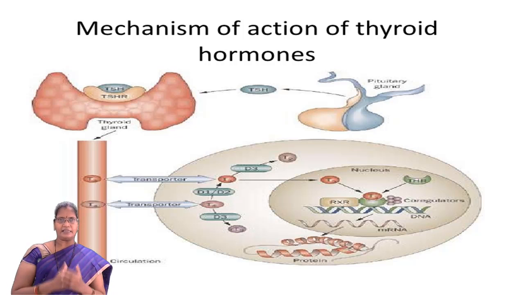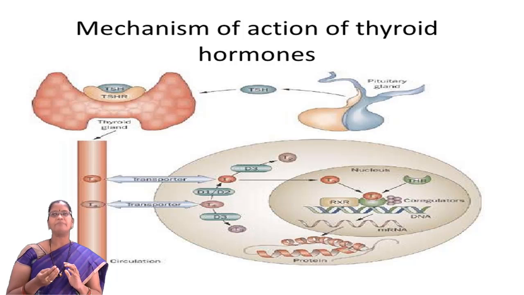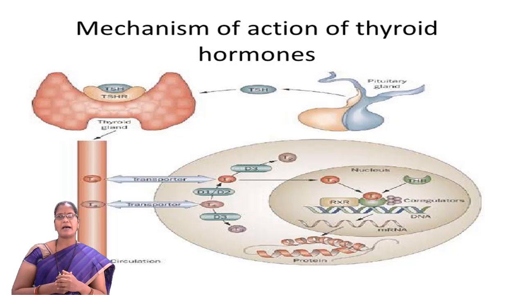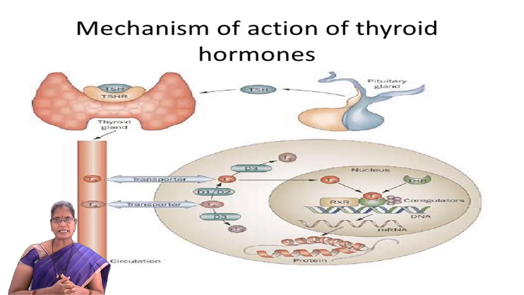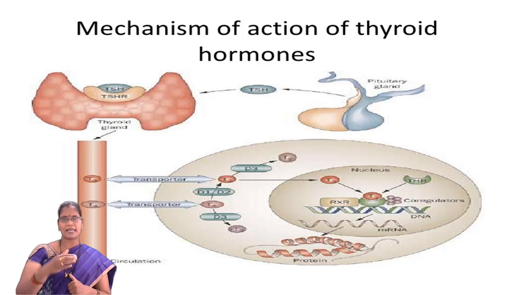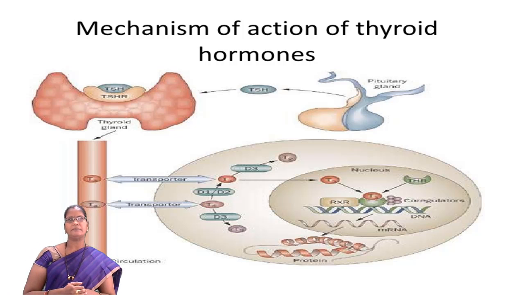Thus secreted T3, T4 hormones will bind to transporter proteins and move into the cytoplasm. From the cellular cytoplasm, they will enter into the nucleus, and in the nucleus they bind to the hormone response element, and they cause the transcription of the mRNA. Thus formed mRNA will enter into the cytoplasm, and again it produces proteins, and these proteins will show cellular effects. So this is the mechanism of action of thyroid hormones.